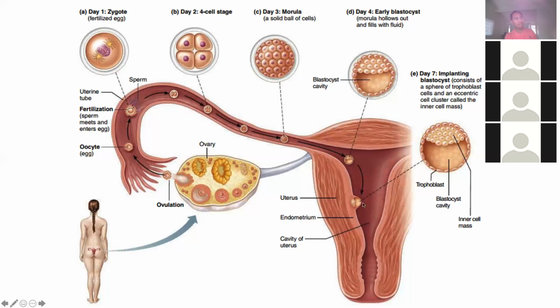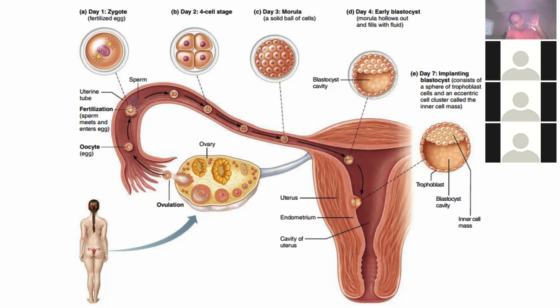How many layers could the uterine wall have? If you don't know, just say 3. Everything in life is 3: 1, 2, 3. So how many layers are there in the uterus? I want you to say 3. Only one exception, which we have seen, is the gastrointestinal tract, which has 4 layers.